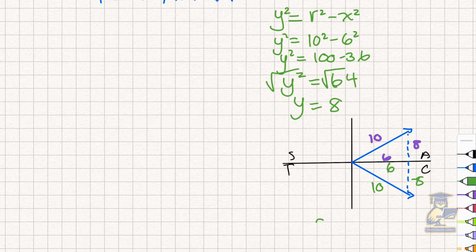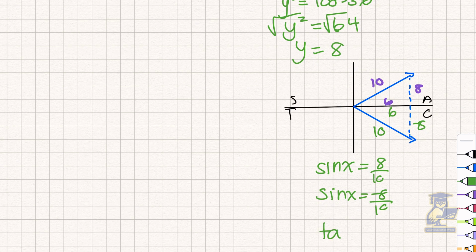So sine of x equals 8 over 10, or sine of x equals -8 over 10. And then tan of x equals 8 over 6, or tan of x equals negative 8 over 6. So we're going to have two answers.